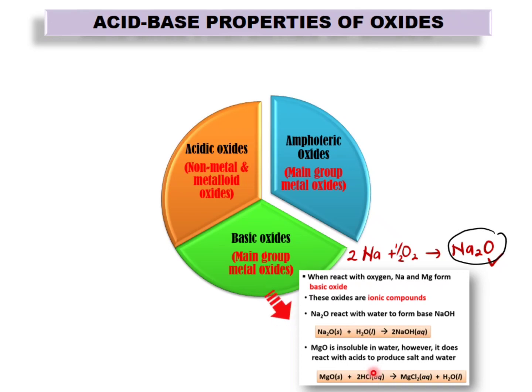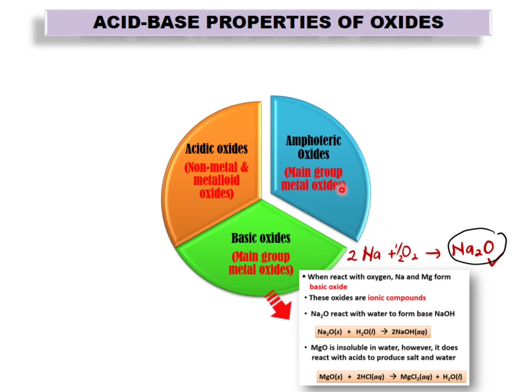So HCl adalah acid. So when magnesium oxide react with acid, it will show the basic properties. Dia akan bertindak sebagai base. Okay, so dia akan produce salt and water. So ada dua konsep dekat sini yang you kena faham.